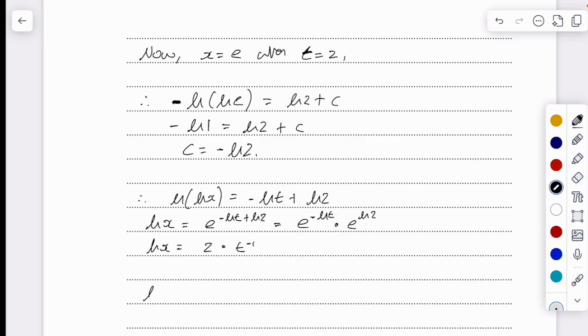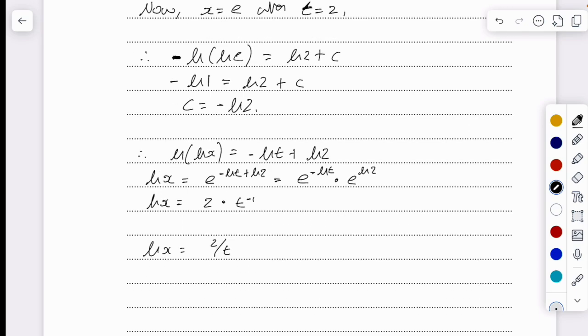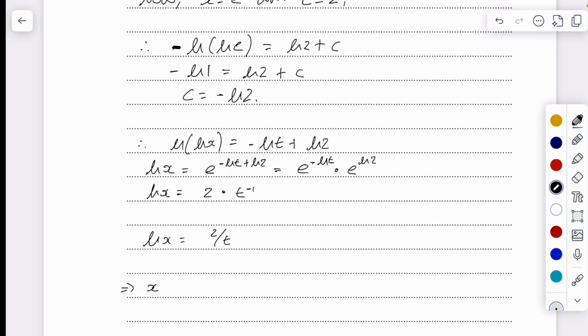Therefore, ln x is equal to 2 over t. So therefore, x is equal to e to the power of 2 over t. And that's going to be the final answer to that question.